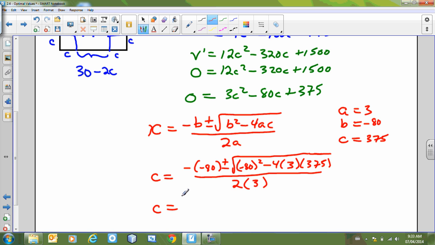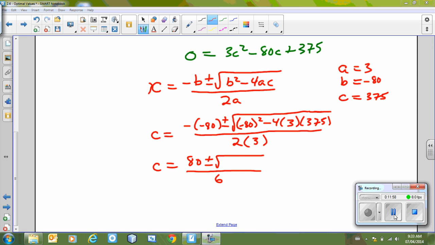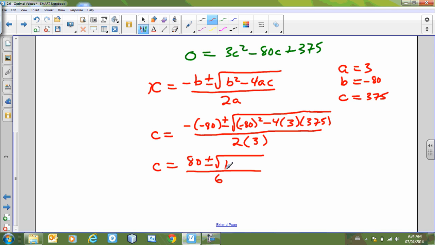And assumedly I don't have to go through this in too much detail. We have 80 plus or minus the square root, divided by 6. This time I will pause and come back with answers. It looks like this is 1900 in the root.